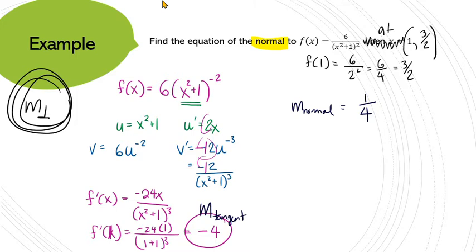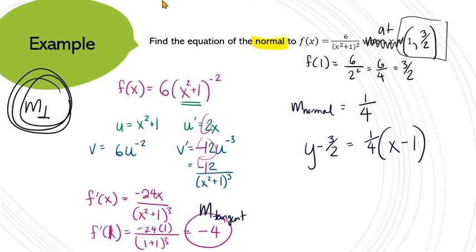The equation of the normal at the point 1, 3 over 2. I like myself some point slope form. We're going to start with y minus that 3 over 2 is equal to the slope, 1/4, times x minus the x of our point, 1. This is correct.